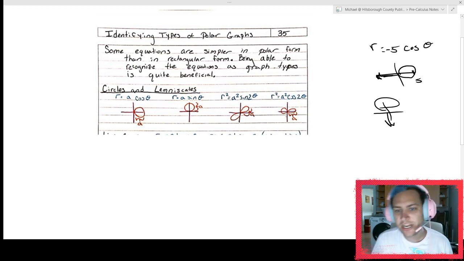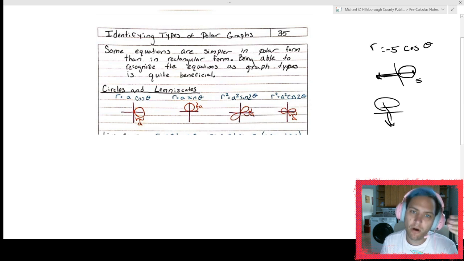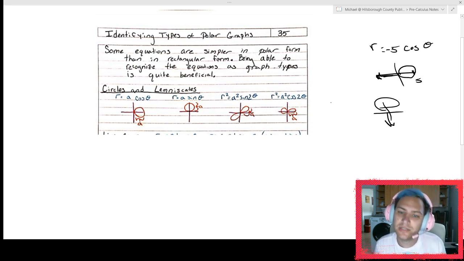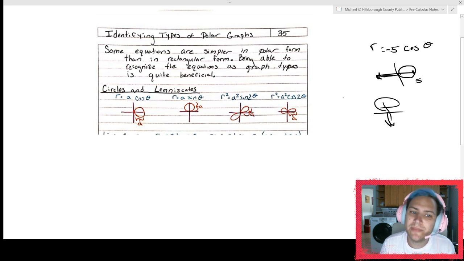If you were to change it slightly, if you were to square r and make it r squared, and then have a squared also squared, but this time instead of sine of theta or cosine of theta, it's sine or cosine of 2 theta, you get what's called a lemniscate, which looks like an infinity sign. For sine, it's going to go at a diagonal.